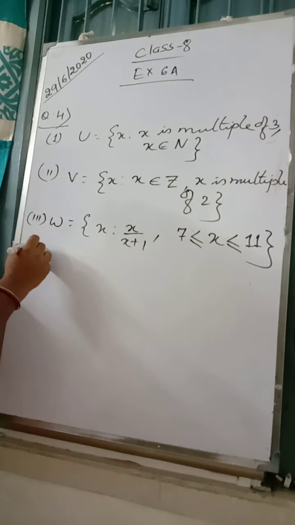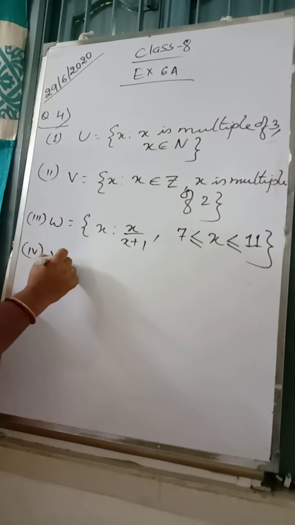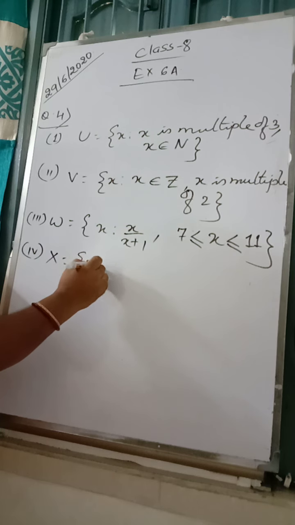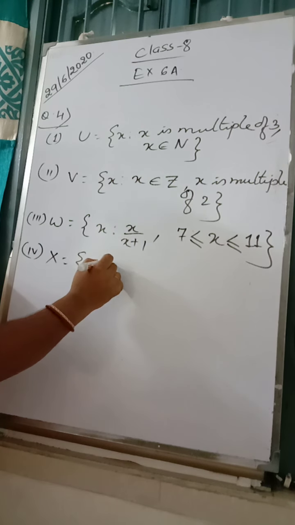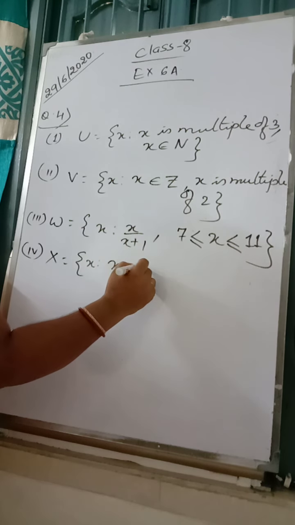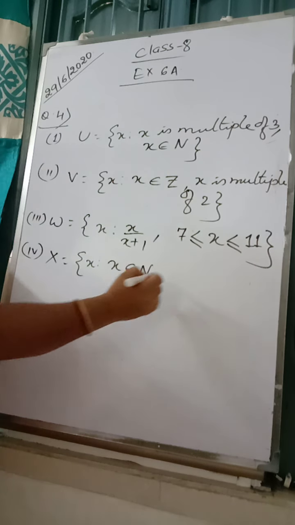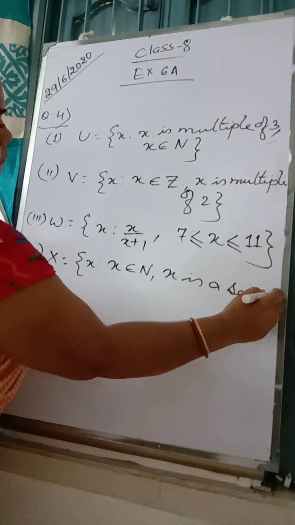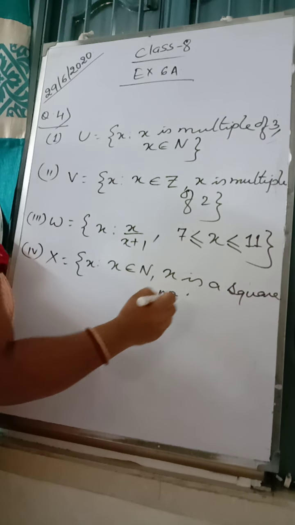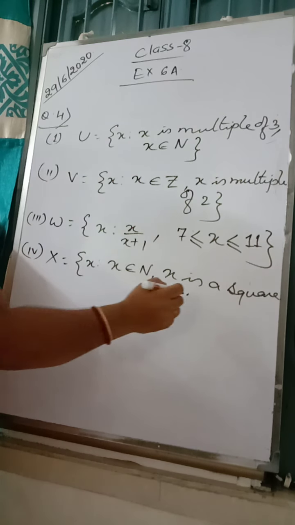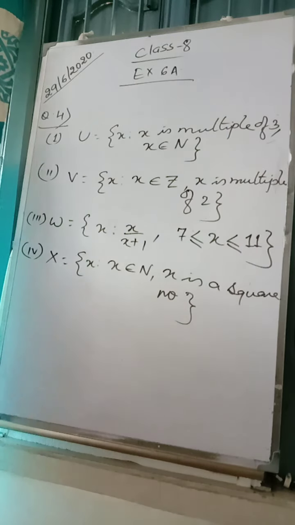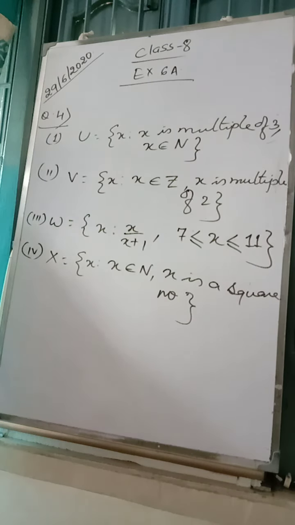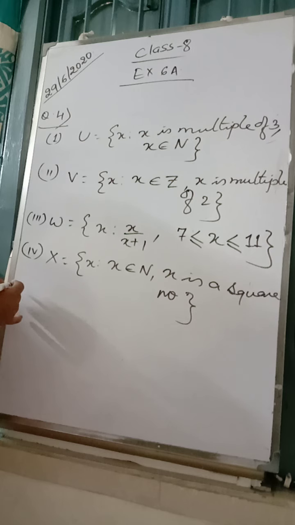Number 4: 1, 4, 9, 16, 25. x, where x belongs to natural number and x is a square number. Is it? Because it goes on, there is no end point, so x is a square number.